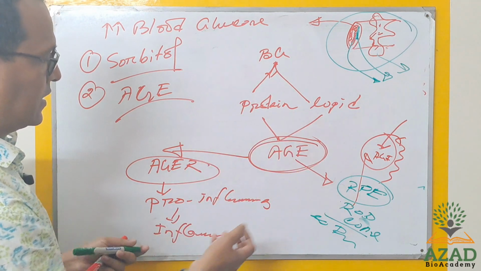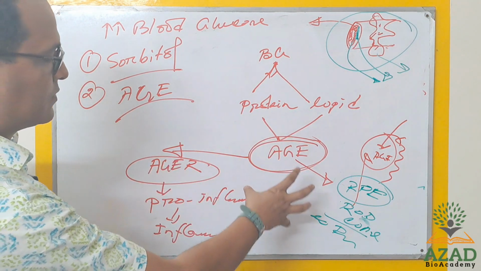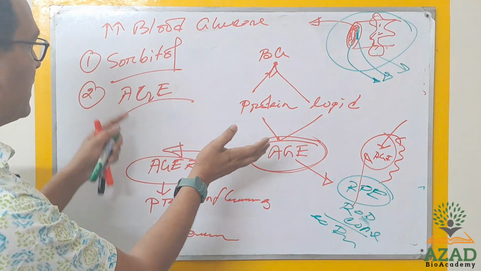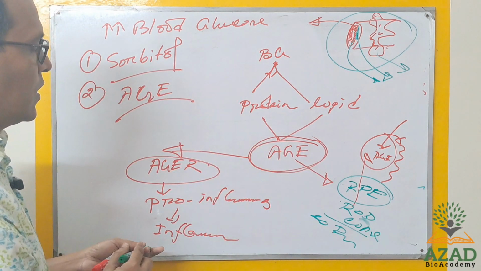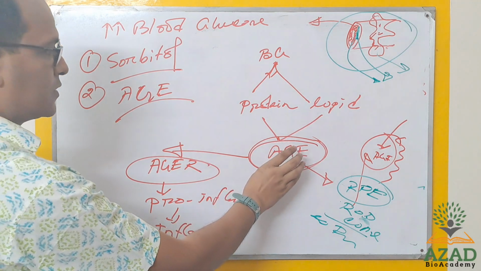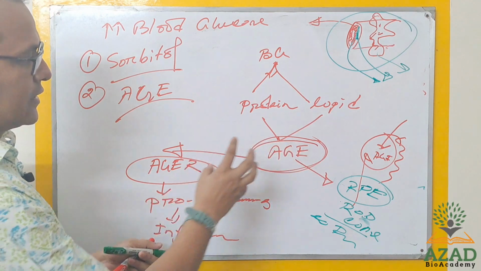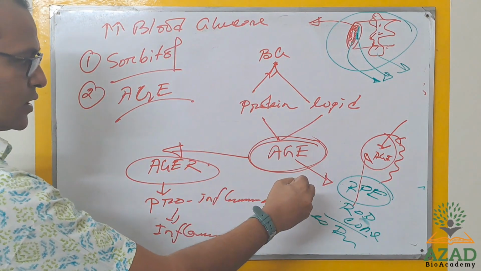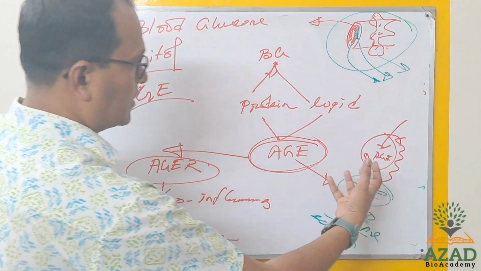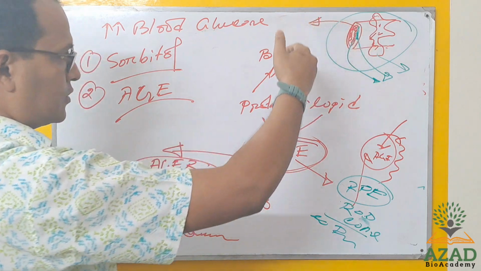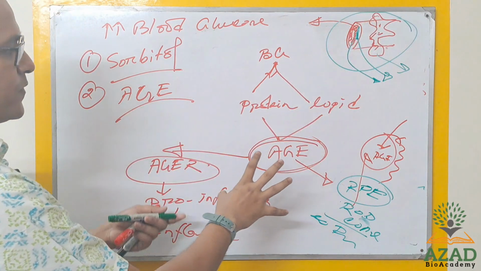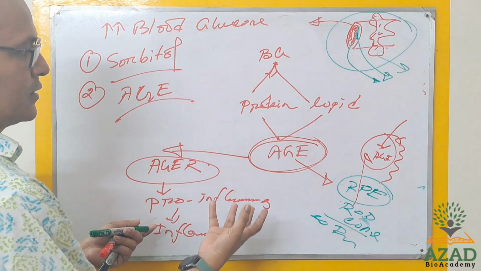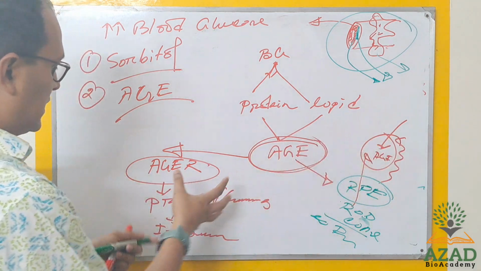Okay, so what are the problems that may arise? If such type of AGE and sorbitol, the major two culprits. AGE formation can create some problems. It will aggregate, sorbitol can accumulate, and it will cause dysfunction of endothelium and pericyte, and then it can aggregate and produce inflammation.